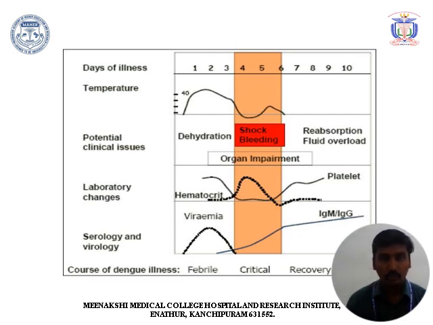After that, the patient comes to the afebrile period in which complications develop, such as dengue shock syndrome, in which the hematocrit gradually increases due to severe plasma leakage and platelet count falls, and the patient will bleed and develop shock. In the convalescent or recovery phase, the plasma leakage stops and fluid resorption occurs. We have to monitor the recovery phase because of the increased risk of pulmonary edema.